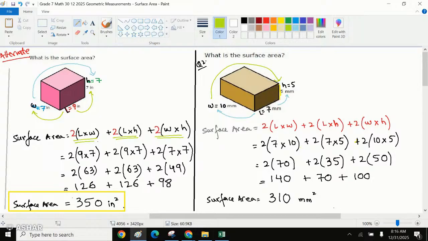I'll just highlight this. That becomes 7 into 10 is 70, multiplied by 2 is 140, right? The next one we have is length multiplied by height. 7 into 5 is 35, multiplied by 2 is 70. In the same way, 10 multiplied by 5 was 50, multiplied by 2 is 100.